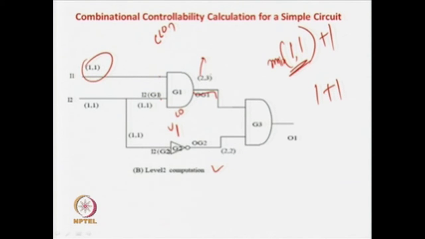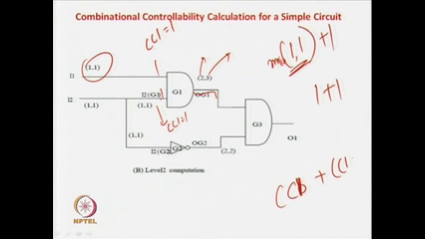Now, let us see the combinational controllability of this net to be 1. If you want to get this as 1, you have to apply a 1 over here and a 1 over here. So, how can you get a 1 over here? It is the combinational controllability of 1 at the A net plus the combinational controllability of 1 at the B net, plus 1.